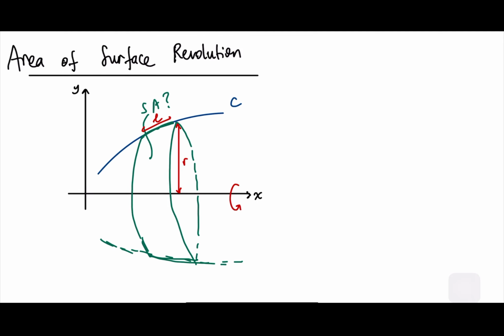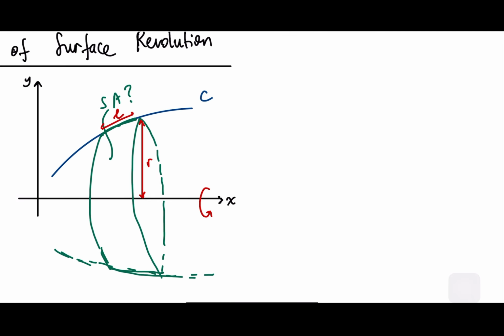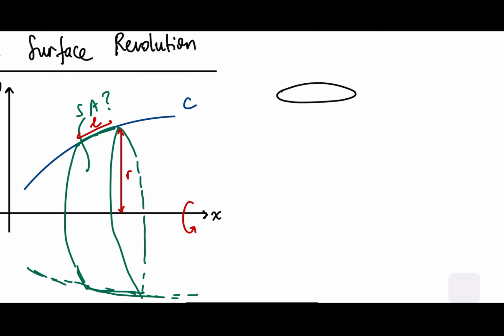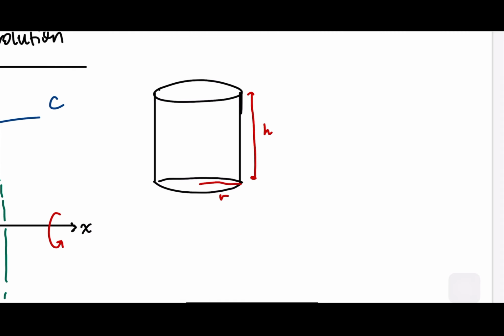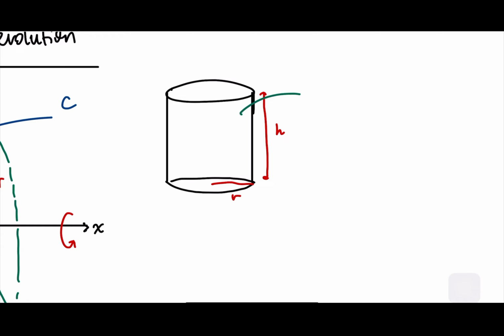Now if we look at the cylinder with the radius R and height H, if you want to know the surface area, the rectangle part, we can take it into a rectangle form.